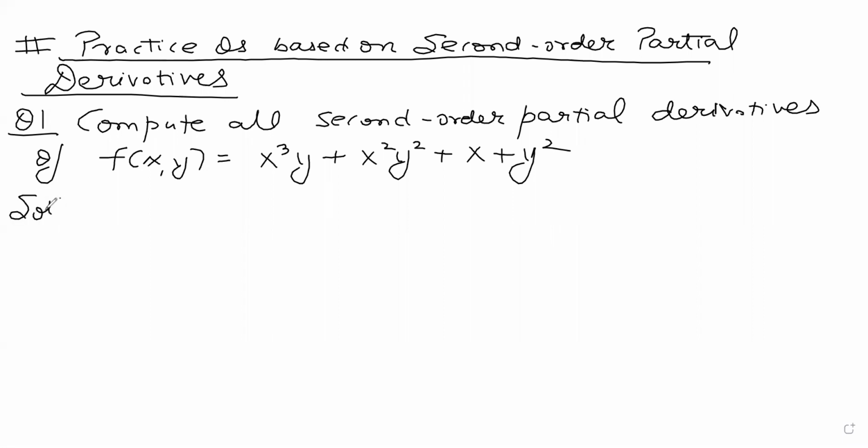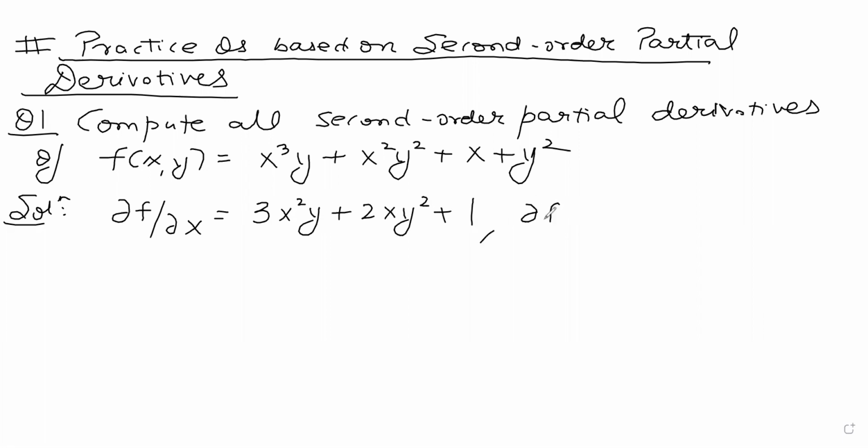Okay, so let's find all the second order partial derivatives as follows. So first of all, del f by del x will be differentiate the expression with respect to x, keeping y constant: 3x square y plus 2xy square plus 1. And let's quickly find out del f by del y also. It's going to be x cube plus 2x square y plus 2y.